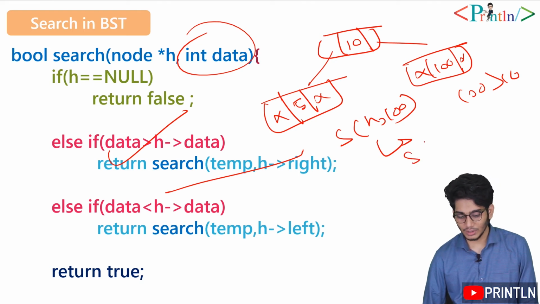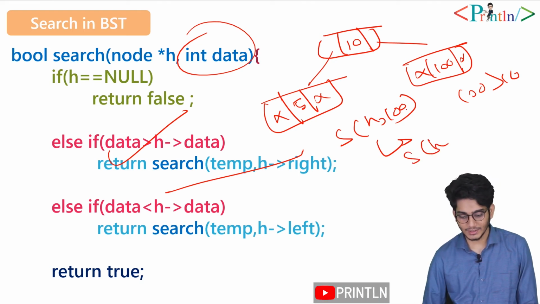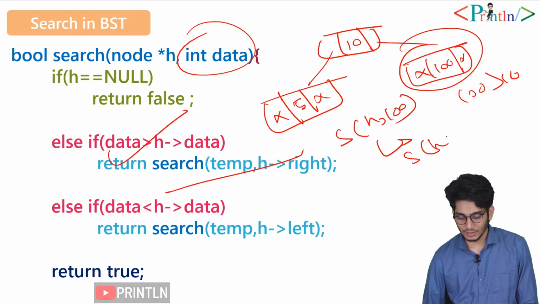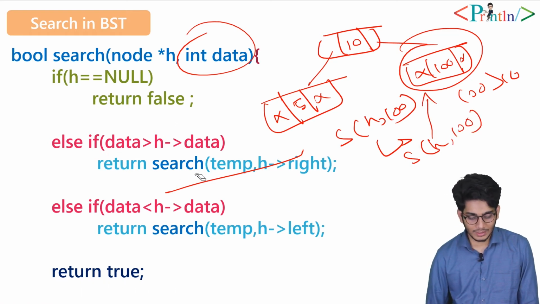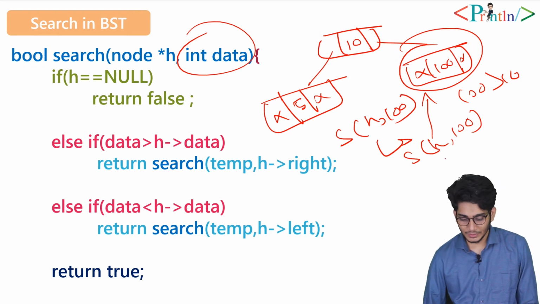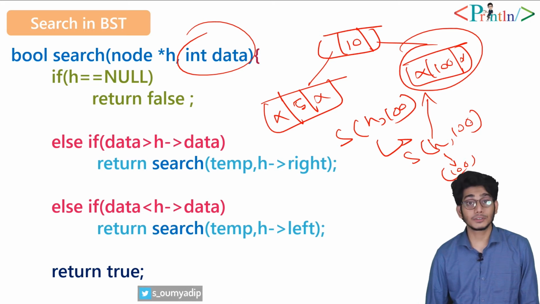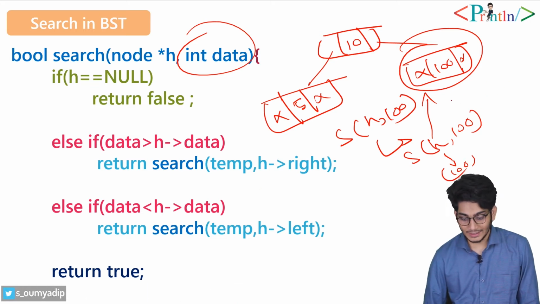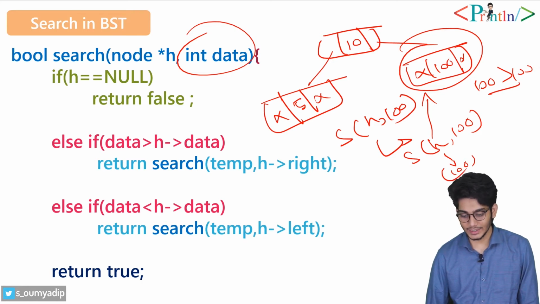So again we'll call this with h right. H right means this node, right? Here we have this node. Now in this case, here we have 100, right? We are passing 100. So is h equal to null? No. Now is 100 greater than 100?